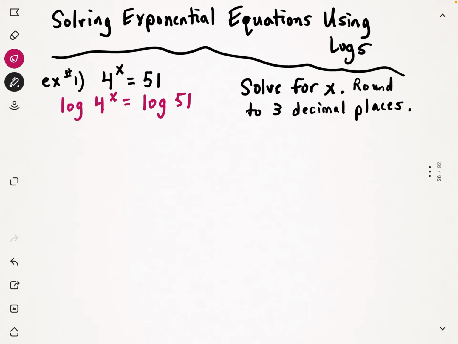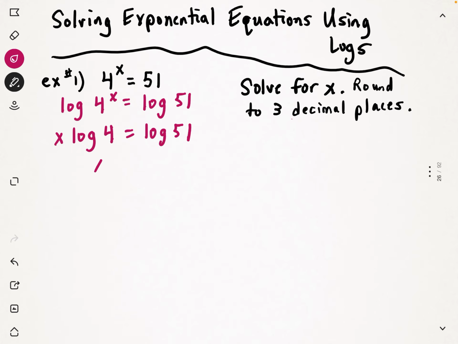The whole purpose of putting a log in front of each side is so that the exponent of x, you can bring down in front using another log rule that we learned in the previous unit. We learned that you can bring a number up as an exponent, or vice versa, bring it down as a coefficient. In this way, you can solve for x because it's no longer an exponent.